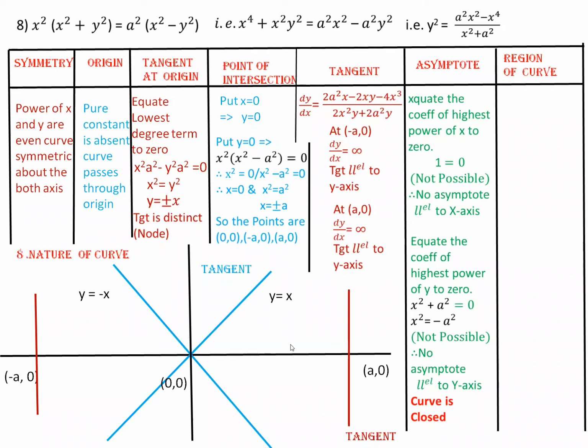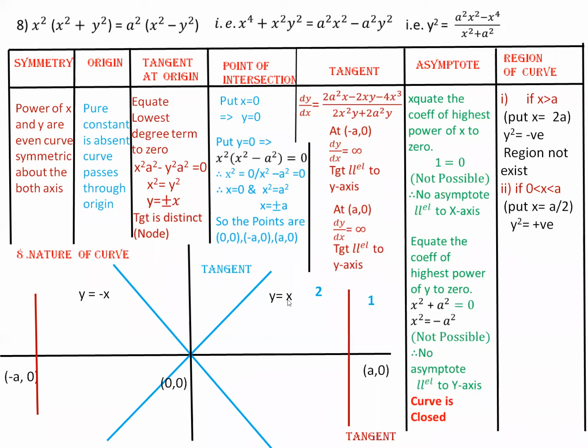Okay, then we have to decide the area or region of this curve. So first, if we are keeping x greater than a, why are we taking a? Because we have points of intersection that are 0, 0, minus a, 0, a, 0. Then first, if x is greater than a, y square becomes negative. Beyond this tangent, there is no curve. Next, if 0 is less than x is less than a, then y square becomes positive.